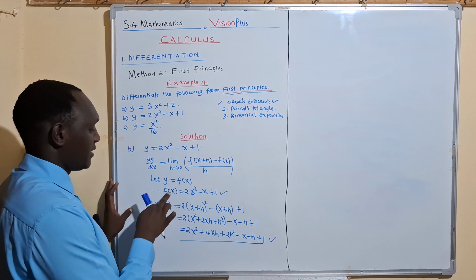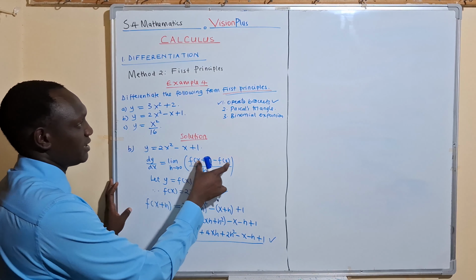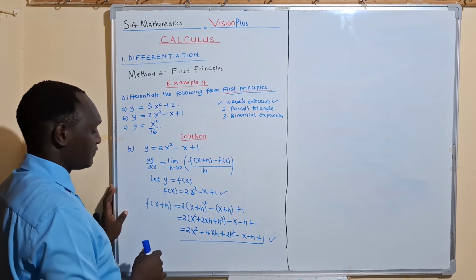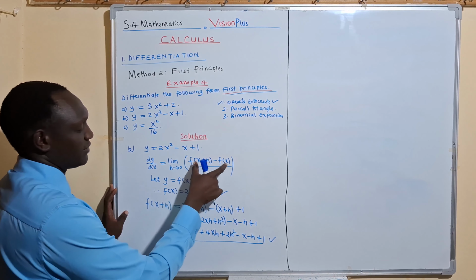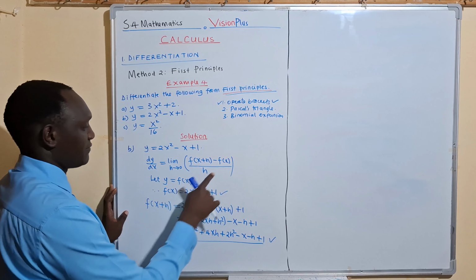After getting f of x and f of x plus h, we simply need to substitute for them here. But to save our time and space, let us first subtract outside, because the formula says f of x plus h minus f of x.